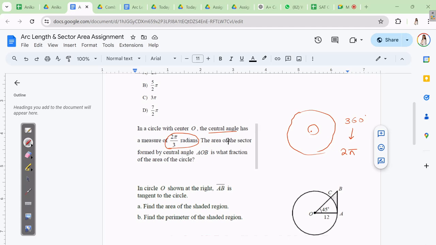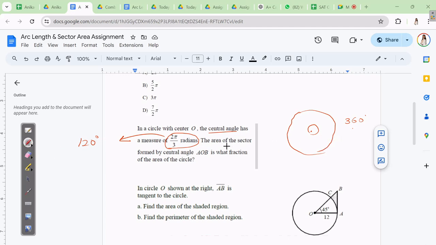It would be 120 degrees. Now you don't need to convert it into degrees. If you feel more comfortable in degrees, you can convert it, but that will be an extra step for you. So yes, this is going to be 120 degrees and your total angle is 360 degrees.